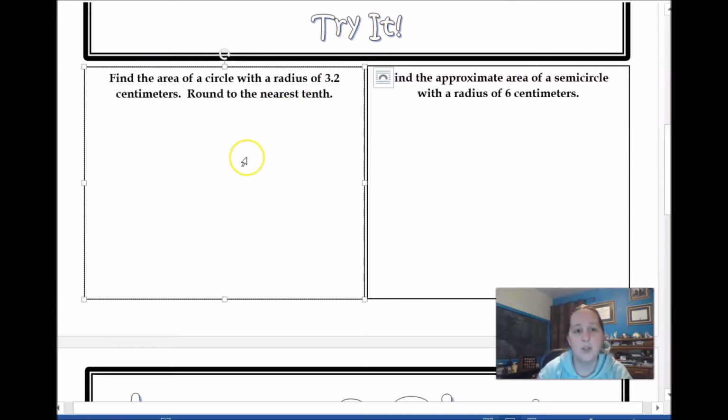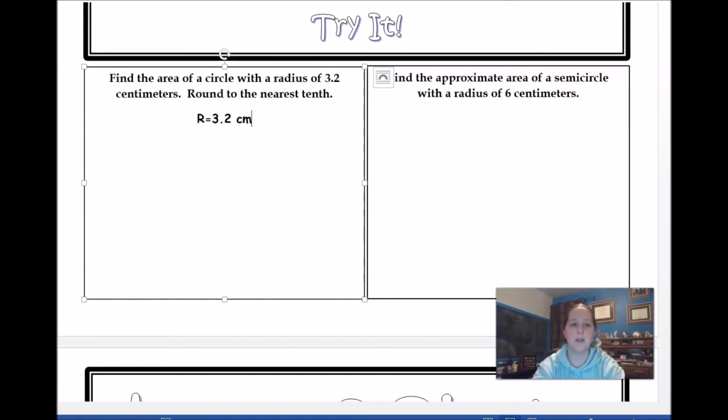So if I have a circle with a radius of 3.2 centimeters and I'm rounding to the nearest tenth, okay? So r equals 3.2 centimeters. Area of a circle is pi times r squared, which is really like saying r times r.